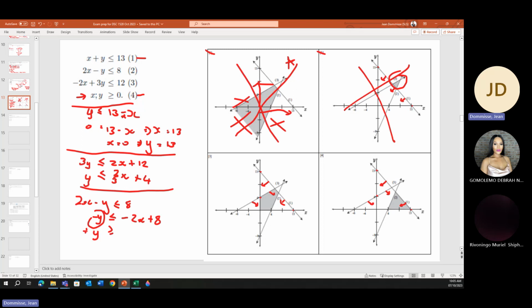So y becomes positive, but then this sign will swap around. We can multiply by -1 throughout, but then remember the sign will change. So in this one now we say that y is bigger than, so this one would not have been, so we sit with option 3 as your correct answer.